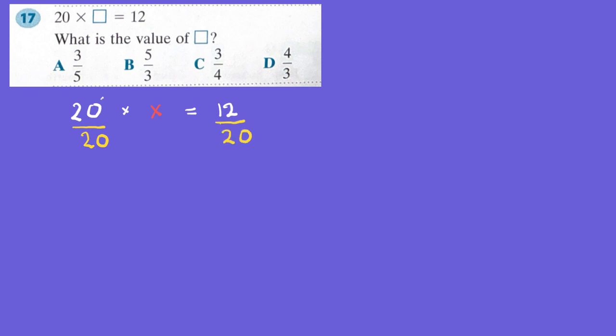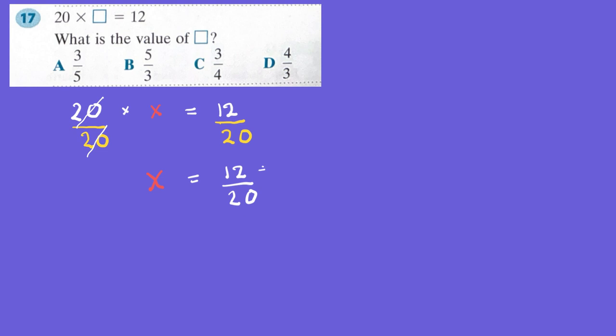That means that that 20 and that 20 cross off, and you are left with an x that you know what it is going to be. It's 12 over 20. All right, that's not in there, is it? We only have 3/5, 5/3, 3/4, and 4/3. That's okay because we can simplify 12 over 20. Let's divide it by 2 first of all.